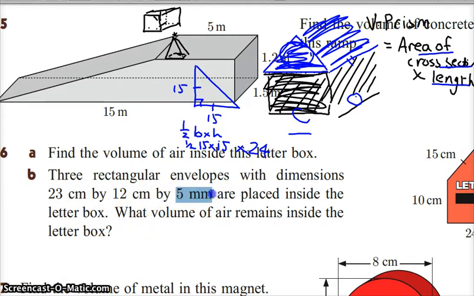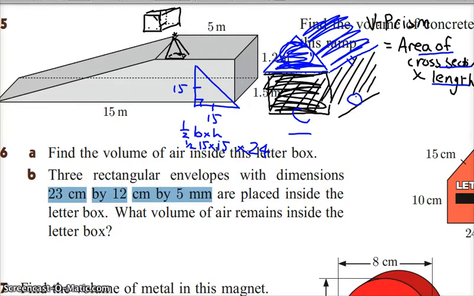So you're going to need to do some conversions there. All right, and what might you need to do here with the 3 envelopes, Jake? Yeah, before we take it away, what do we have to do with these numbers here? There's some pretty important numbers there. We've got to find the volume of the 3 envelopes.